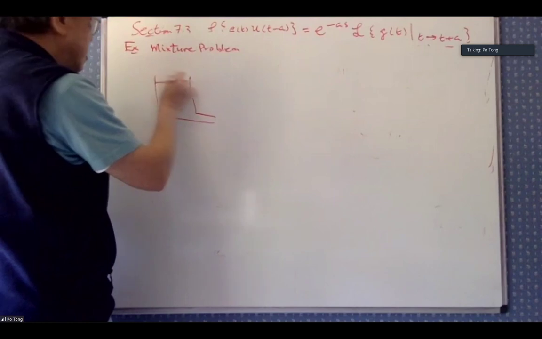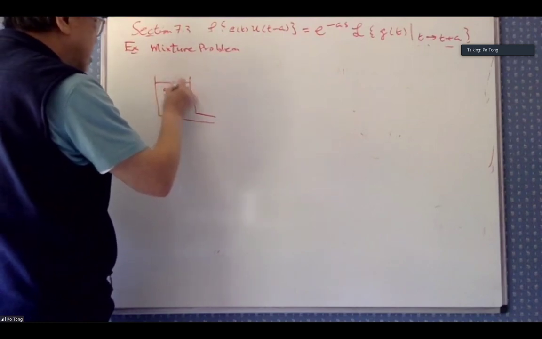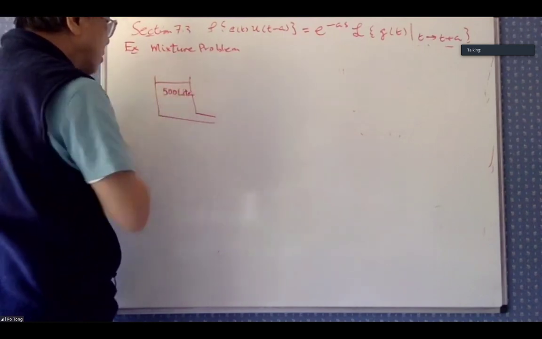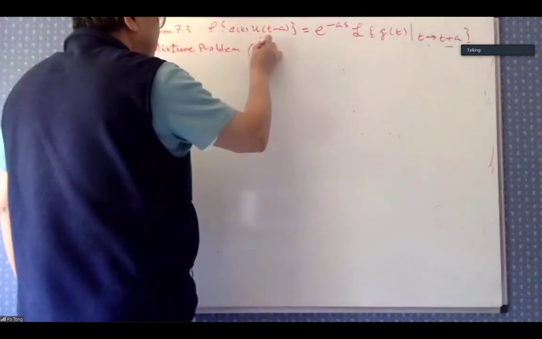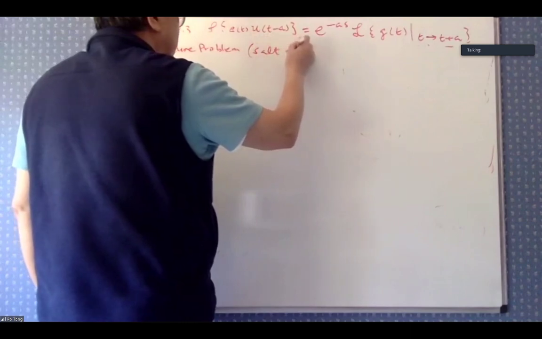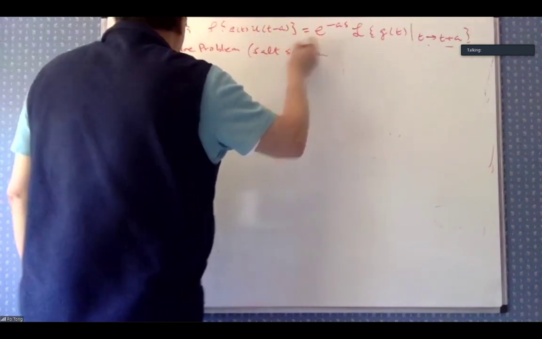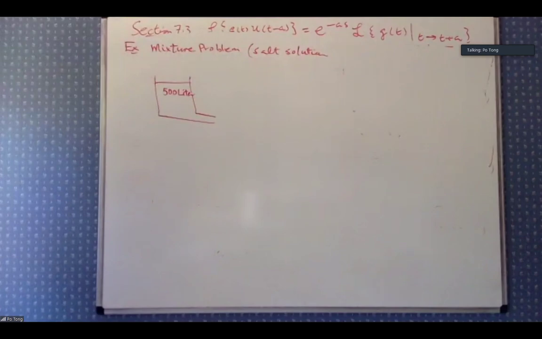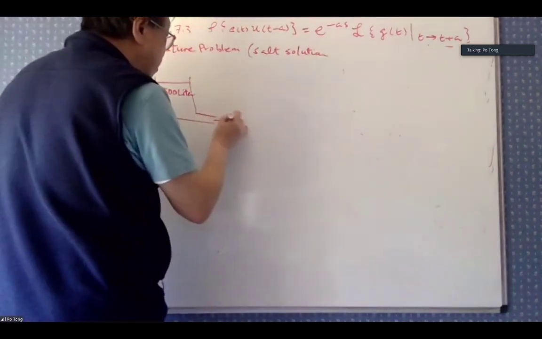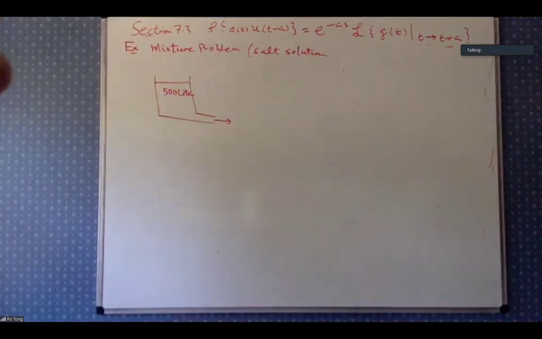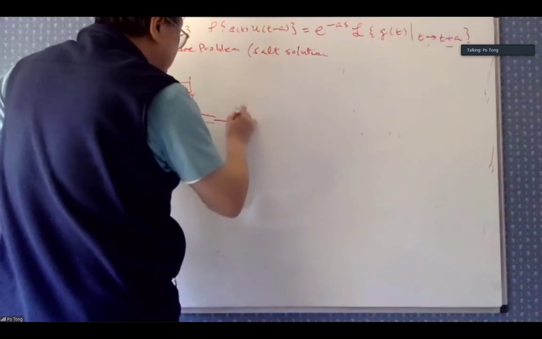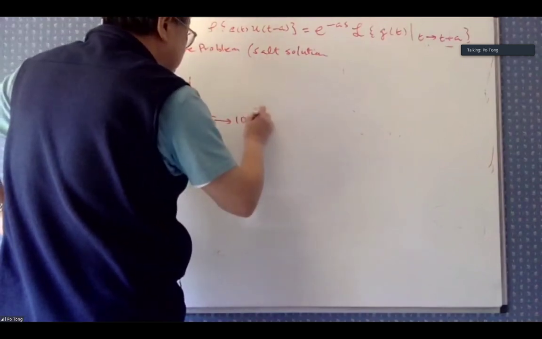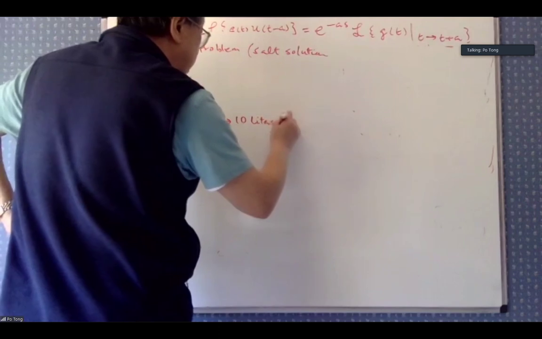How about this is 500 liters of salt solution. And this is coming out here at, let's say, 10 liters per minute.